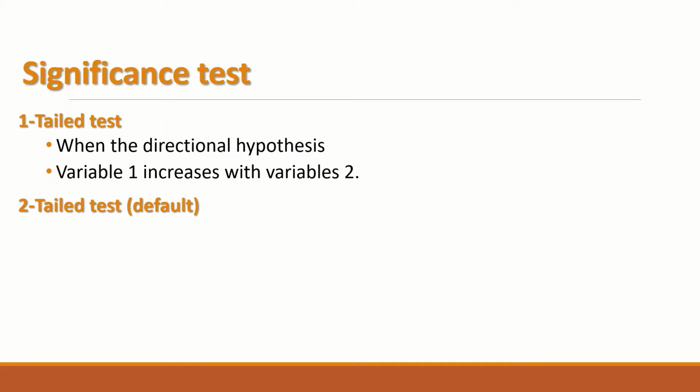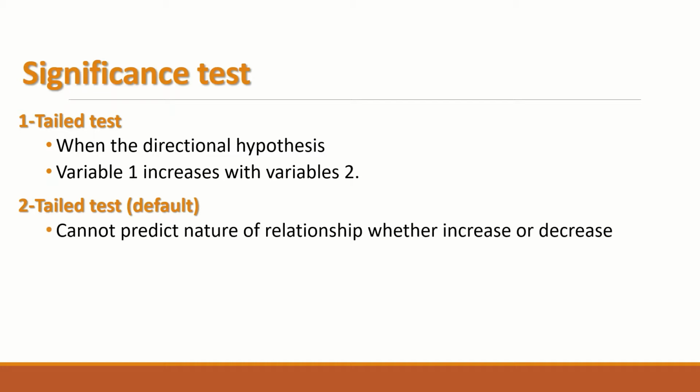So if one variable increases, the other increases, or one variable decreases, the other decreases, then we go for a one-tailed test. However, if we cannot predict the nature of the relationship, whether there is an increase or decrease, then it's safe to stick to the default two-tailed test.